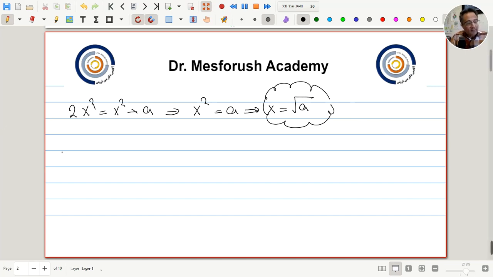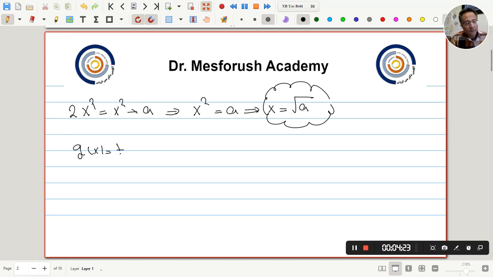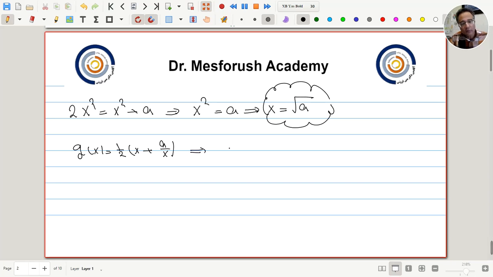Now we have to find the order of the convergence. To this end, let me define g of x equal to half times (x plus a over x). So we can write x_{n+1} equal to g of x_n, and it is equal to half times (x_n plus a over x_n).